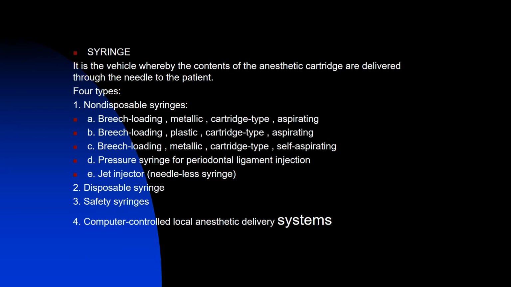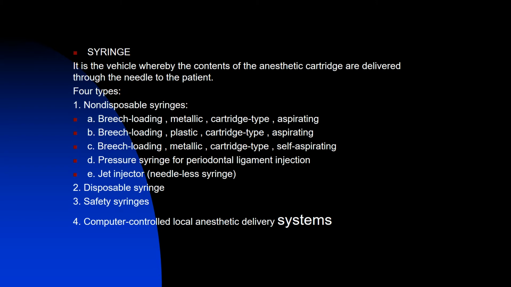So, going on to the parts of syringe, there are different types of syringe we are using: metal syringe, aspirating syringe, and disposable types. The types of syringes are divided into non-disposable syringes, disposable syringes, safety syringes, and computer-controlled local anesthetic delivery systems.